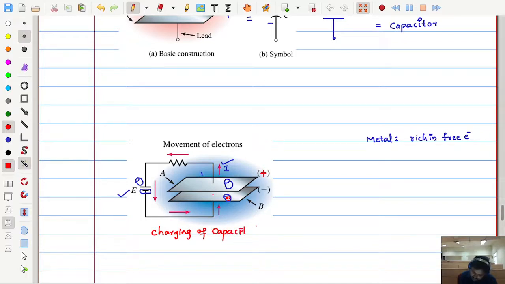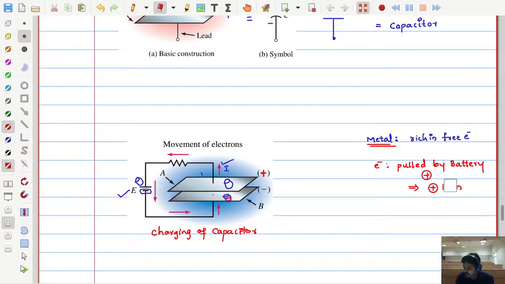Just try to understand it this way: initially, simply metal plates are there, where metal plates are rich in free electrons. Then the free electrons are pulled by the battery's positive terminal, thereby positively charged ions will be established on one side of the plate.